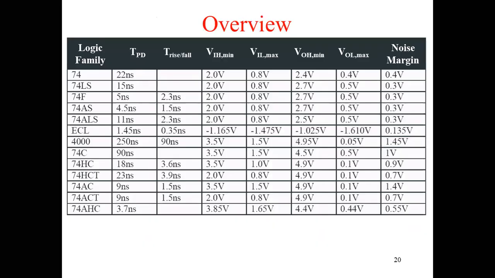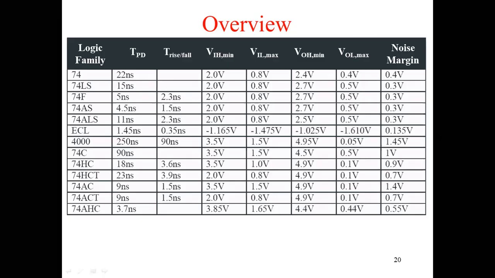Now take a quick look at the overview. We have different logic families. From here you can find out which is fast, which is slow, which consumes more power, and which has more noise margin. We should have the noise margin on the high side. The propagation delay should be minimized. You can see the propagation delay is minimum in ECL, 1.45 nanoseconds. That means it is the fastest logic family.